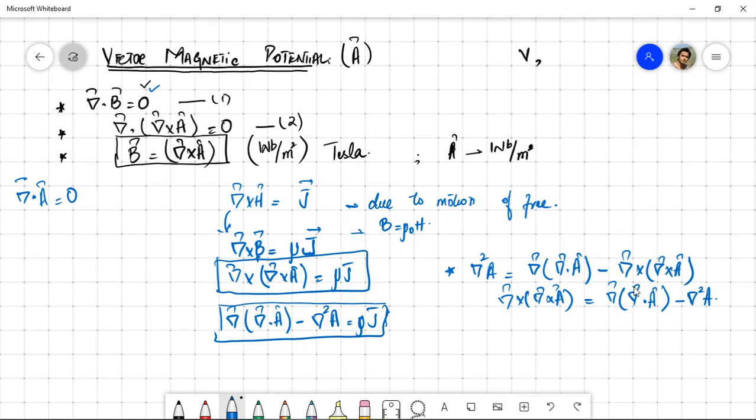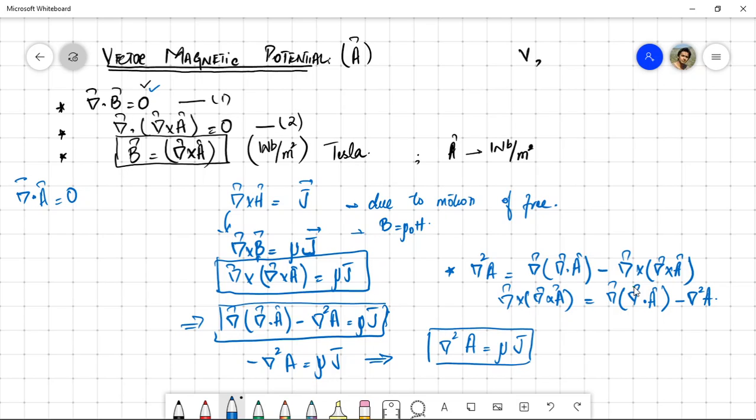So he's assuming that the divergence of A has to be 0 at every cost, so that the divergence of B is always 0. This will reduce this equation further, and we'll have minus nabla square A equals mu naught J. If we move this minus sign to the other side, we can say that nabla square A is equal to minus mu naught J.